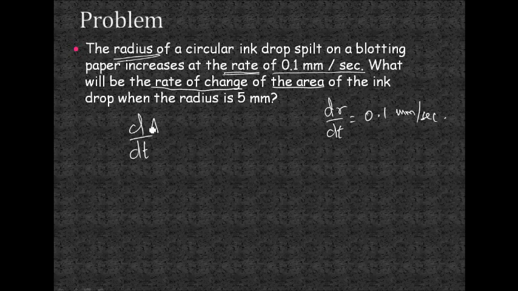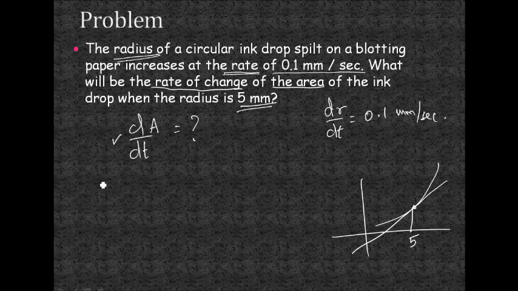Of area. So dA/dt is in question at 5 mm. So you are asked to find the slope of the function at a particular point where it is 5. Okay, so you need to find dA/dt, and then in dA/dt you need to substitute 5 mm. Do not substitute anywhere inside.